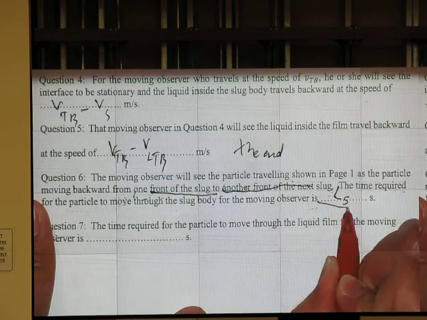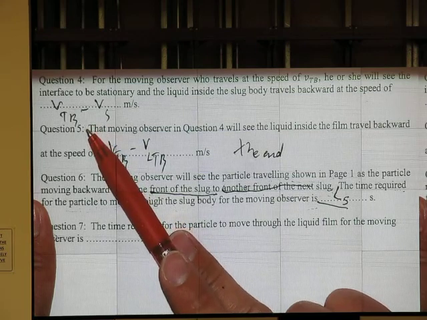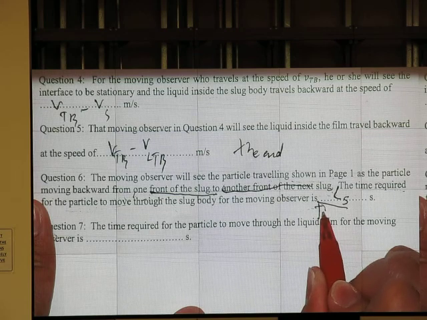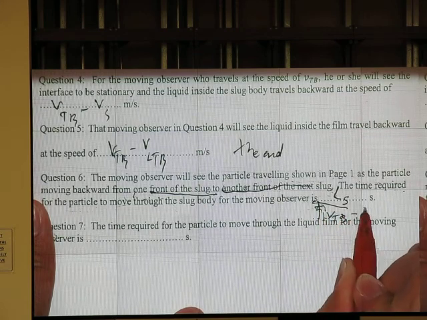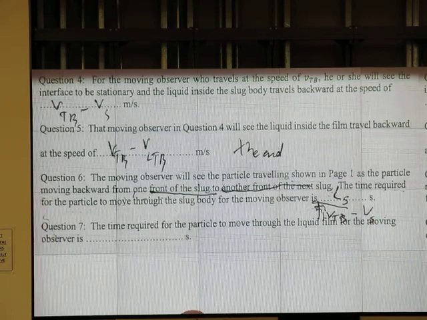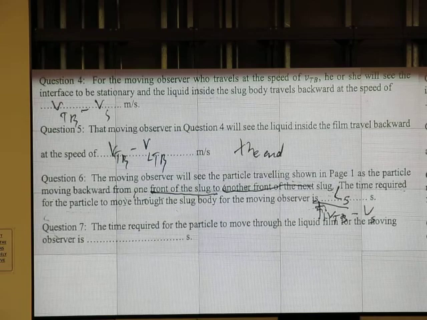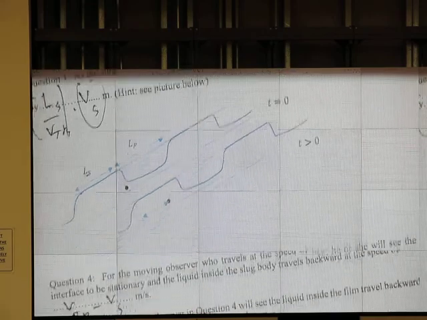And it travels at that relative speed, which is VTB minus Vs. Good. The moving observer will see the particle move through the slug body from the front to the back, so the solid particle travels a distance of Ls.